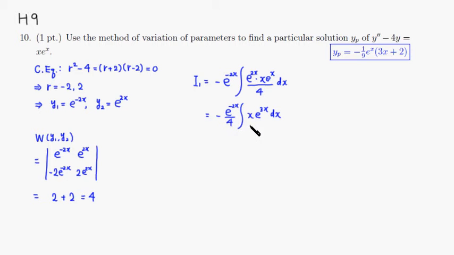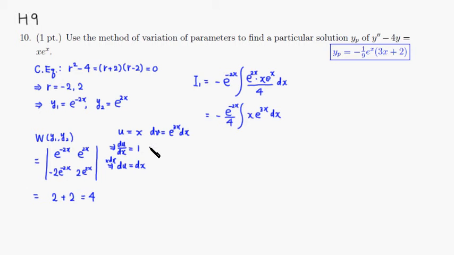We're going to have to use integration by parts to evaluate it. Let u be x and dv be e to the 3x dx. If you take the derivative of u, du over dx, the derivative of x is 1, so multiplying both sides by dx, du is equal to dx.